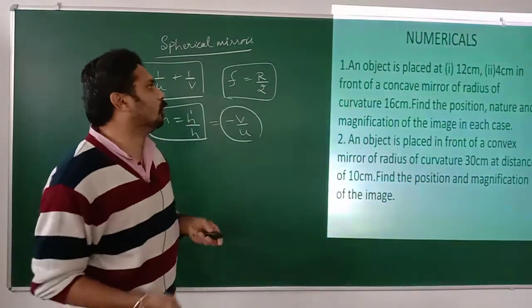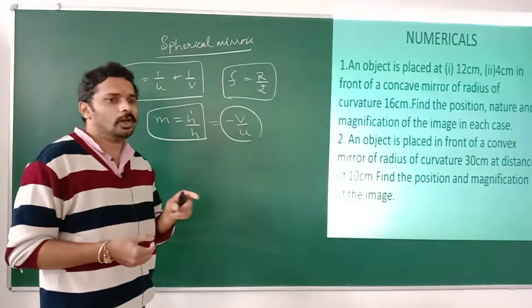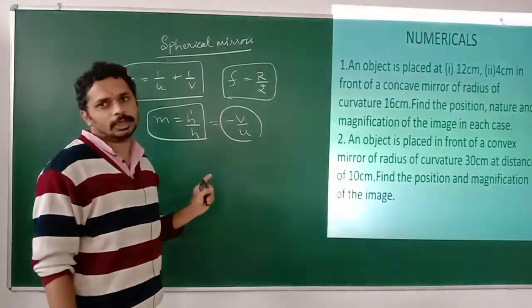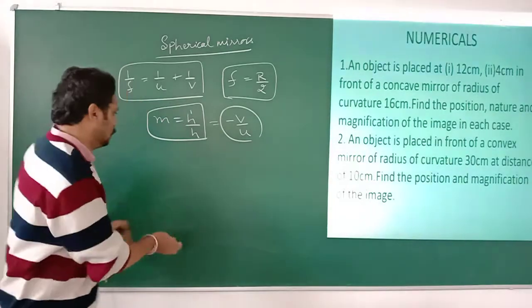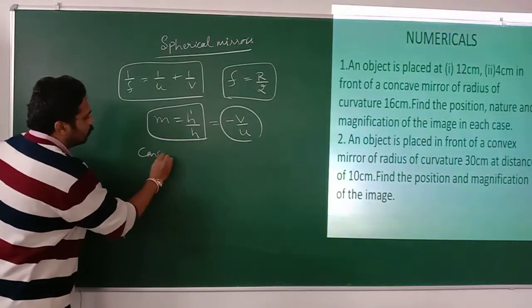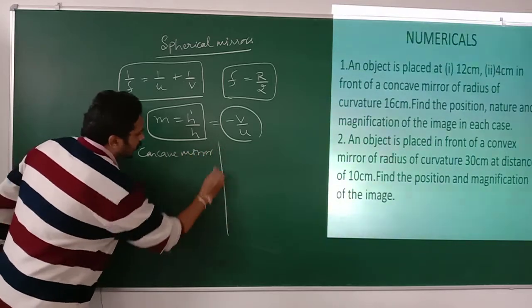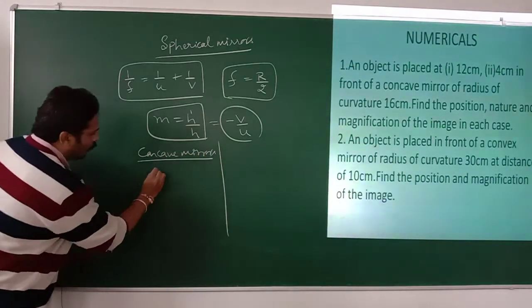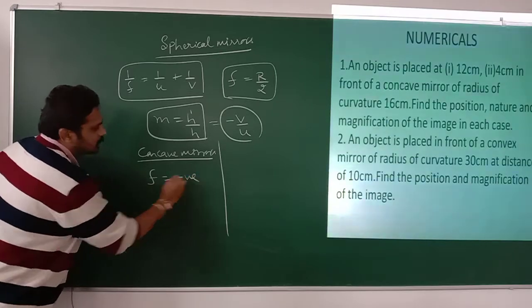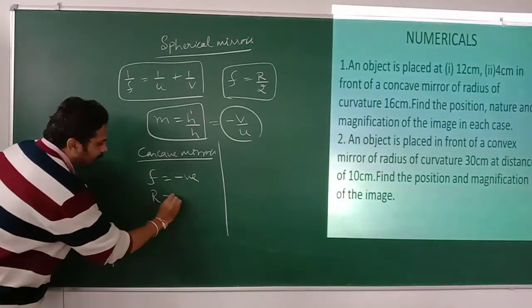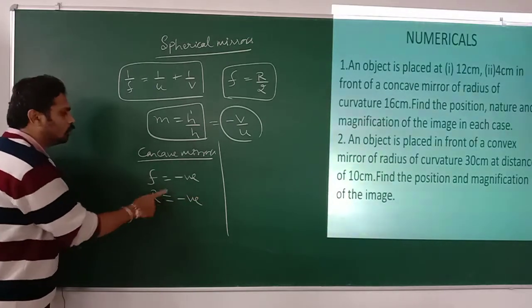Before going to solve the numerical, here we are using sign conventions for concave mirror and convex mirror. For concave mirror, focal length is negative and radius of curvature is also negative.